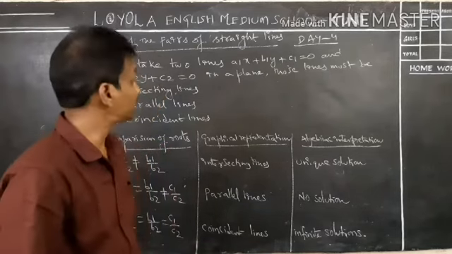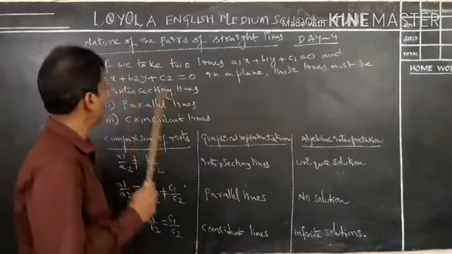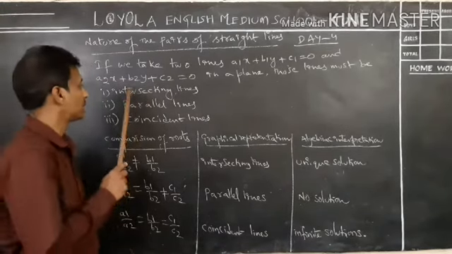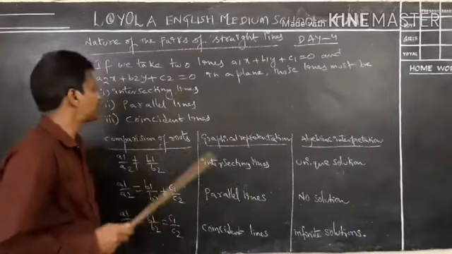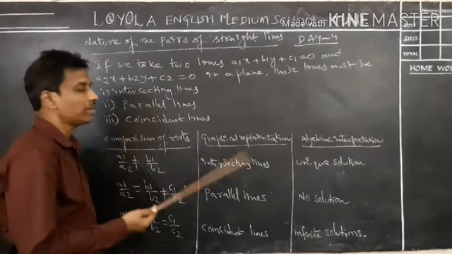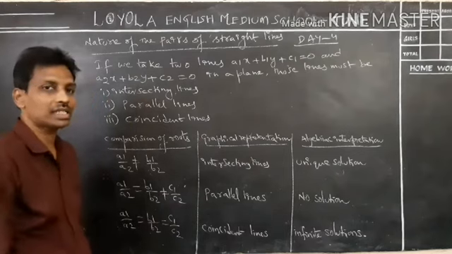What are the three conditions? Let us see on the blackboard. First one is, they may intersect at one point. They are intersecting lines, they may be parallel lines, and they may be coincident lines.